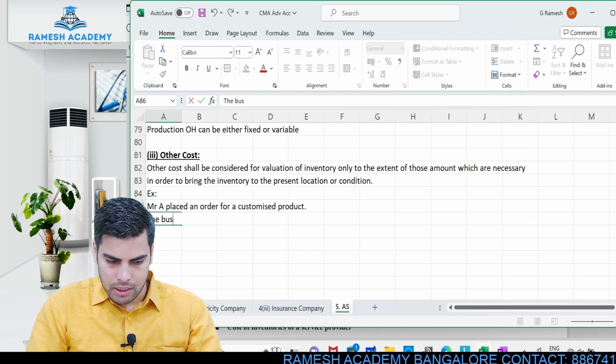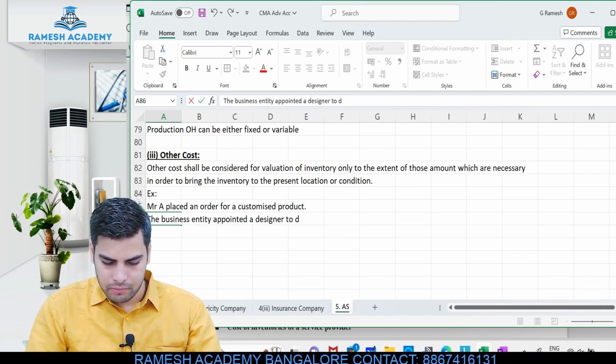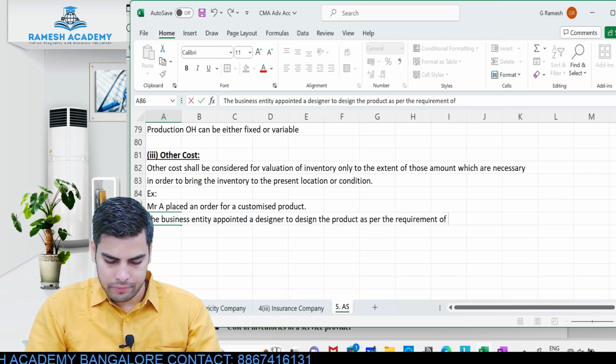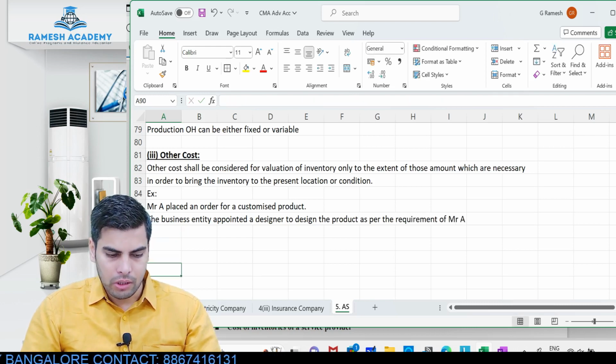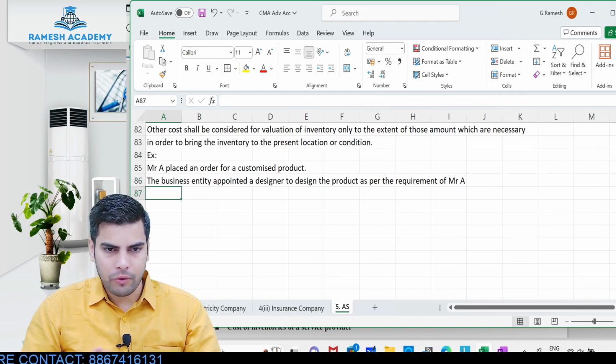The business entity appointed a designer to design the product as per the requirement of Mr. A, who is our customer. So the amount paid to the designer will also be considered as a part of cost of inventory.